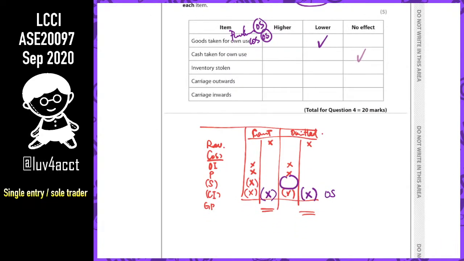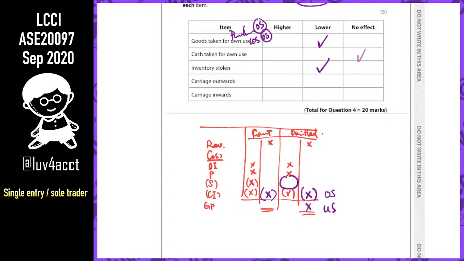Effect: cost of sales overstated, your gross profit would be understated. It should be like this.